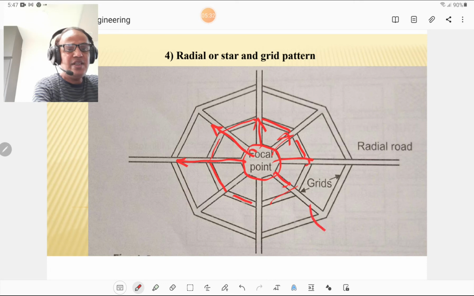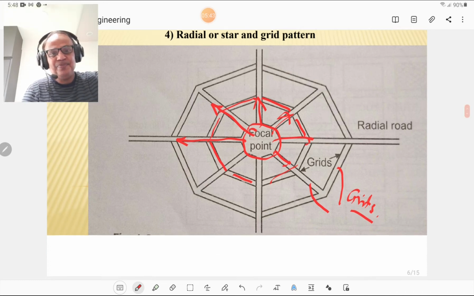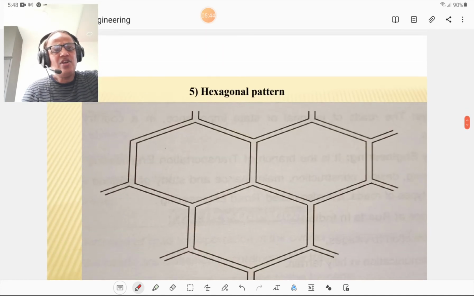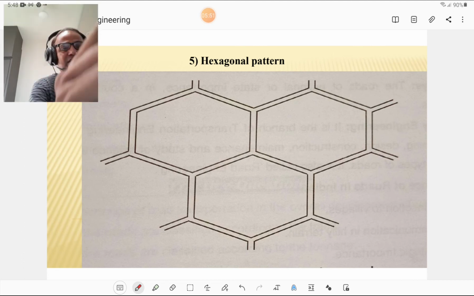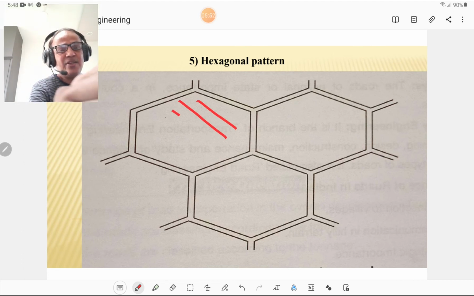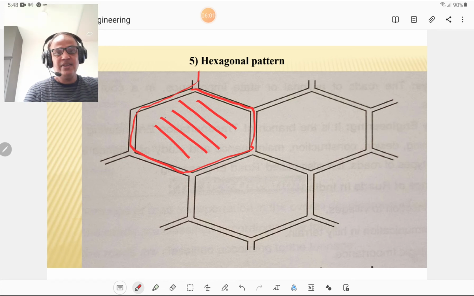Such a pattern is termed a radial or star and grid pattern. Then the hexagonal pattern means roads follow the pattern of a hexagon in the city. The intermediate centers are developed as hexagons and roads are developed hexagonally. Such a pattern is termed a hexagonal pattern.